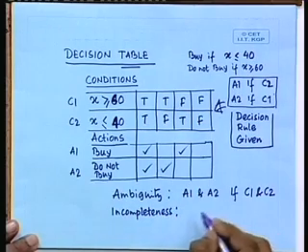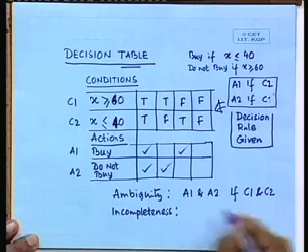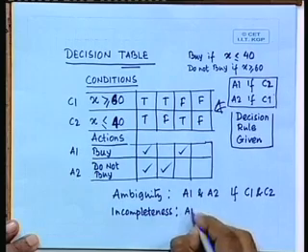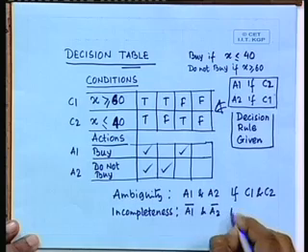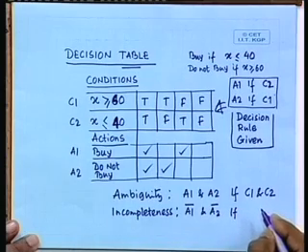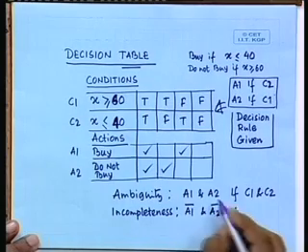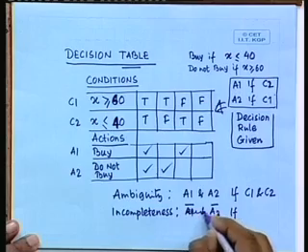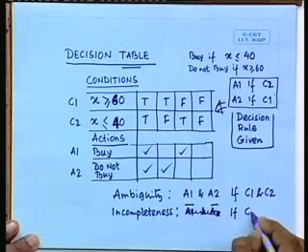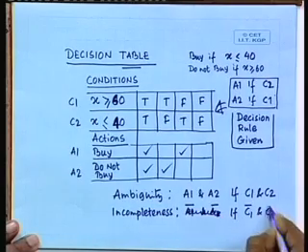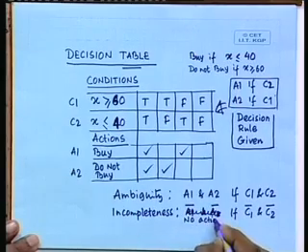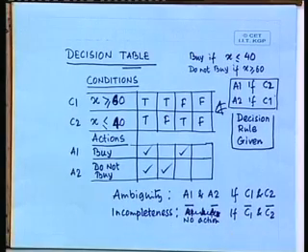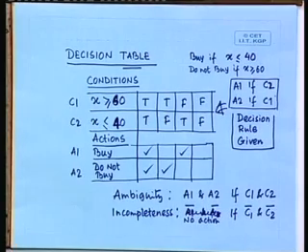What is the incompleteness? No action is specified if C1 is not true and C2 is also not true.